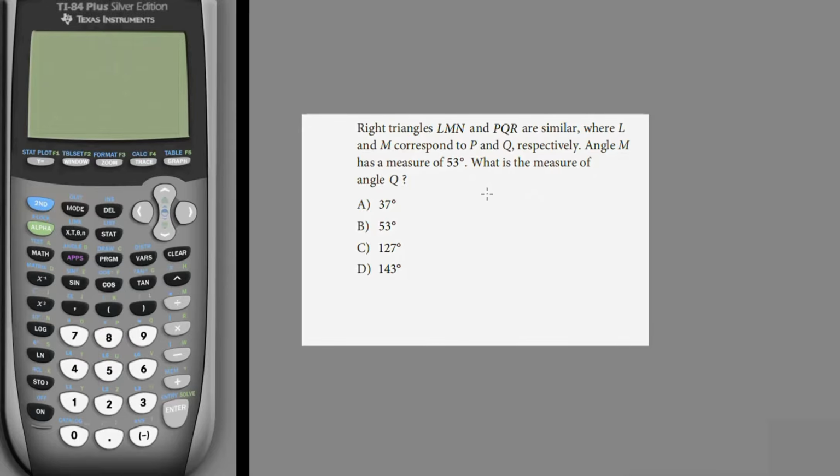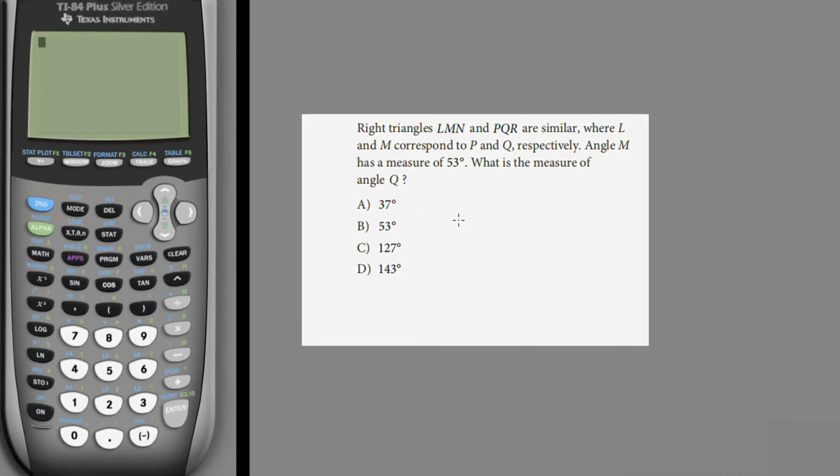Alright, so guys, looking at this quiz, I don't think we need to punch anything on the calculator to solve it. This is a simple geometry principle you need to apply to get the answer.